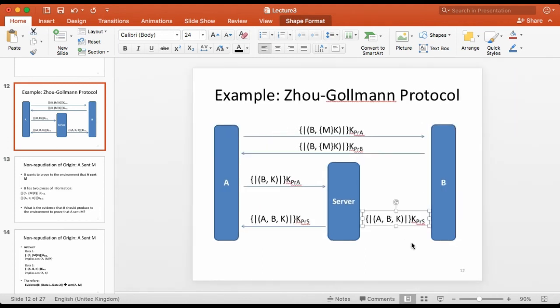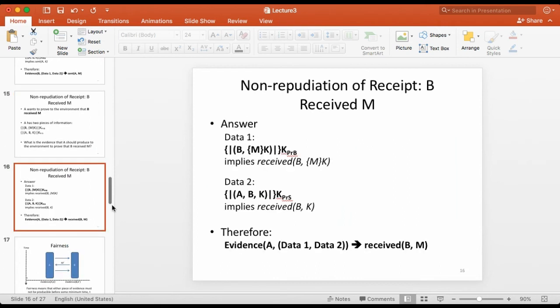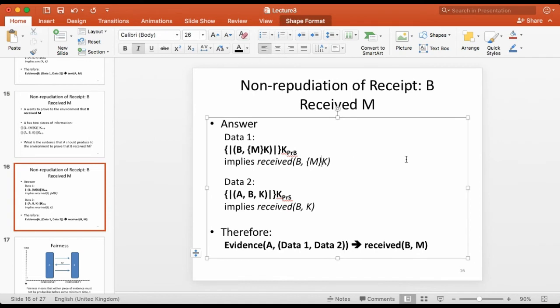So in other words, the symmetry of this event allows A to conclude that B equally has got access to the key K. As a result of these two conclusions, that B has got access to the encryption of M using K, and that B has got access to K, it immediately follows that B also has got access to M. Okay, so if you have access to an encrypted message and the key that was used in its encryption, again assuming it's a symmetric key encryption, you also have access to the message itself.